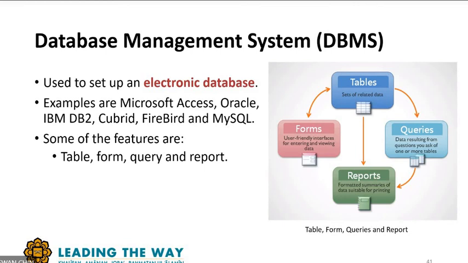For example, data that comes from the region Malaysia, or Pahang, Kuantan, KL and so on. Or you want to query only this subject, the list of students for certain sections only. Query means from the big table of information, you query for the data that you want. That's the function of queries.